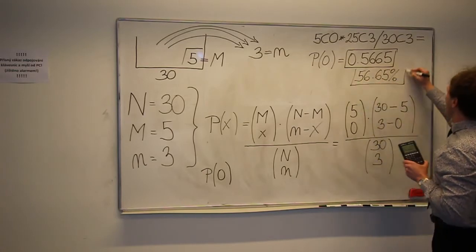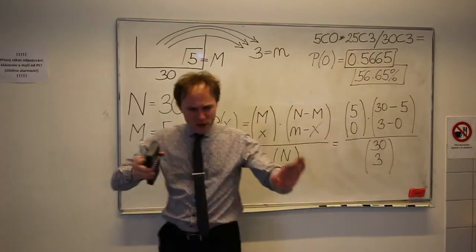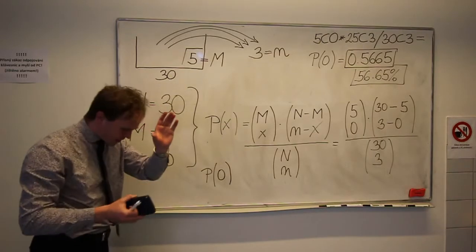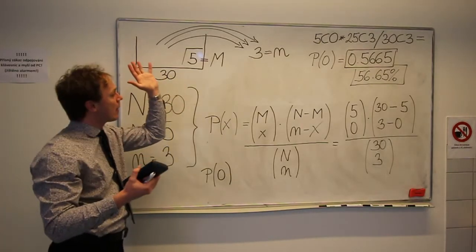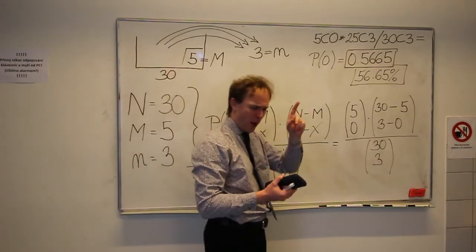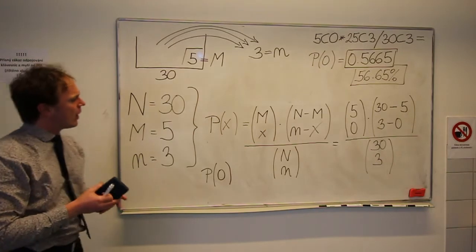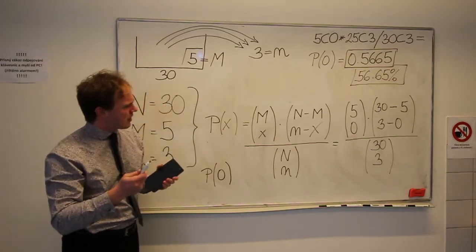56.65%. It is the probability that you will go to the warehouse, you will select 3 bulbs from the box, and each light bulb will shine in the candle. No bulb will be damaged. So this is the probability, and if you remember, this was the last question.